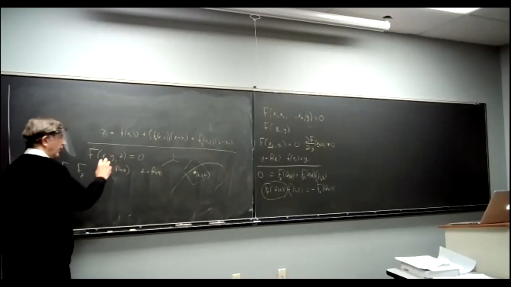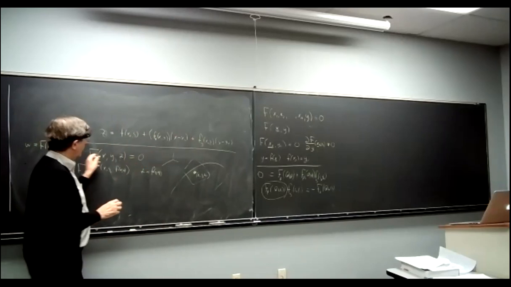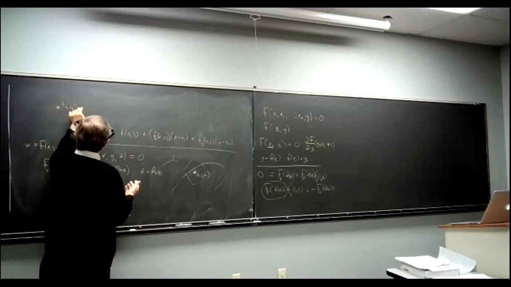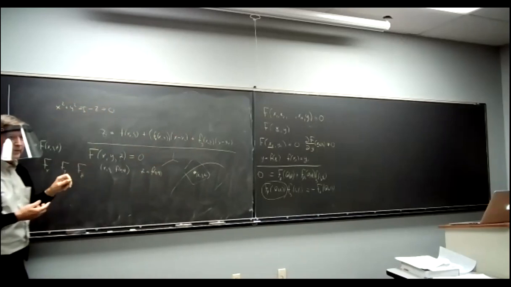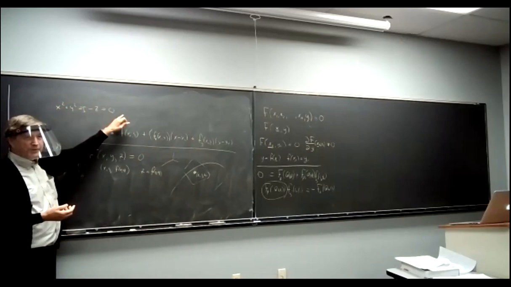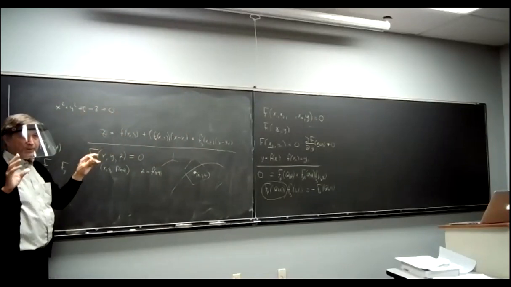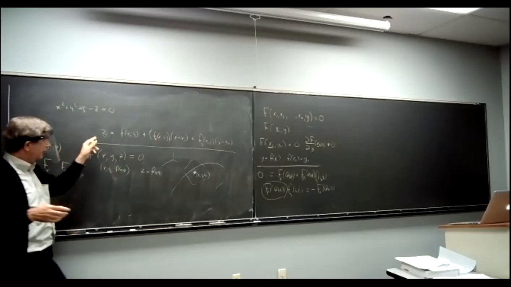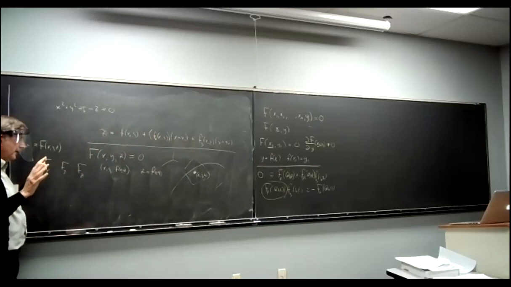If I could solve for z as equal to f of x, y, so if my equation just happened to be x squared plus y squared plus or minus 5 minus z equals 0, I could easily solve for z. Now I have a function of 2 variables. Just boom, it just jumped out at me. And I can find the tangent plane. Okay? All right.